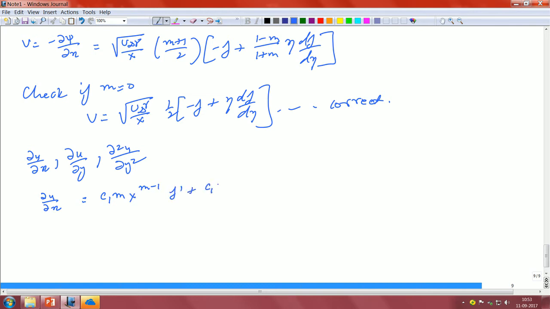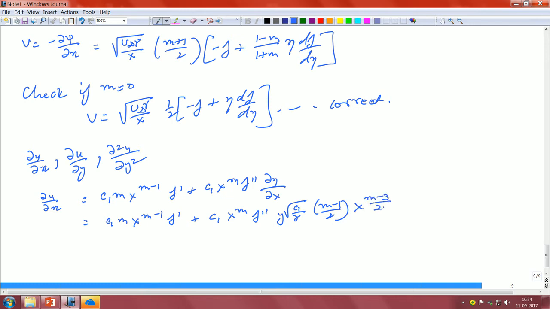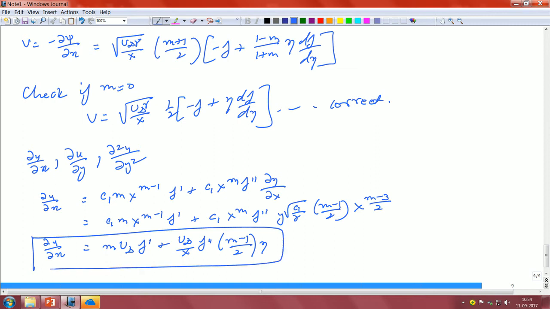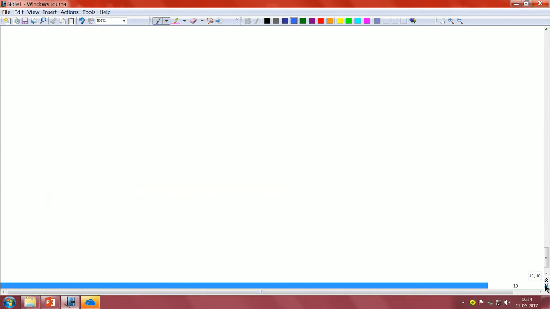F prime plus C1 equal to, got it. Okay. So, that is du by dx. We are doing it term by term so that we can collect it at the end.